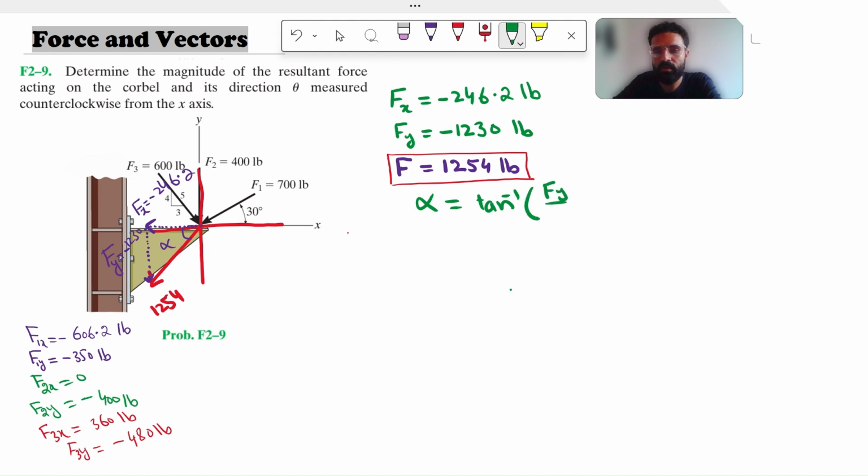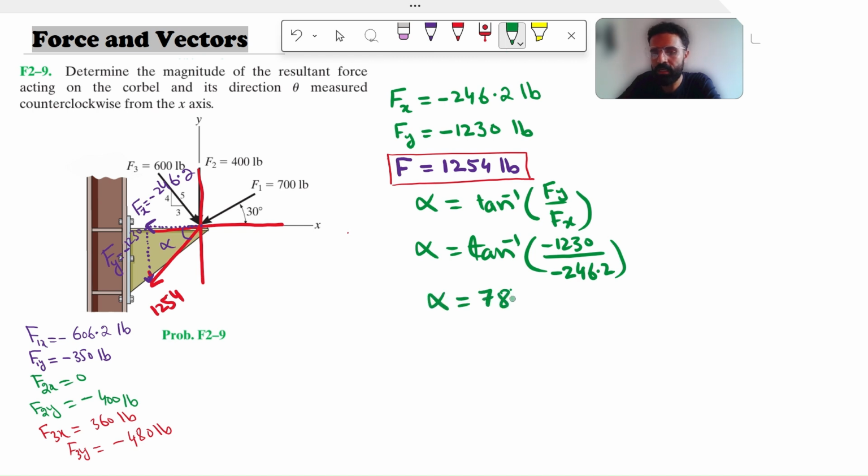Perpendicular is Fy and the base is Fx. So I will be putting the values: tan inverse of the Fy value, minus 1230, divided by the Fx value, minus 246.2. So the alpha I got is 78.7 degree. So this is the calculation for this angle only.